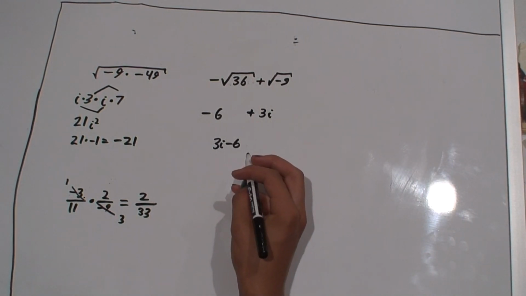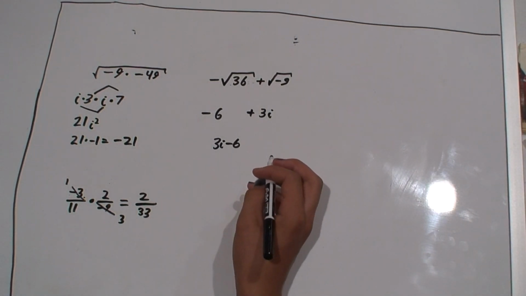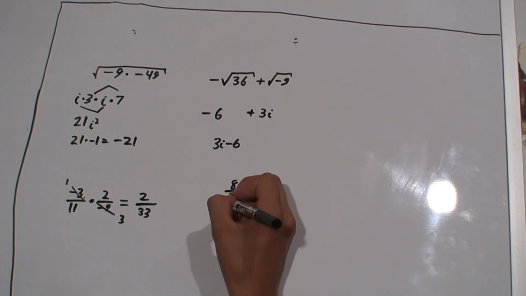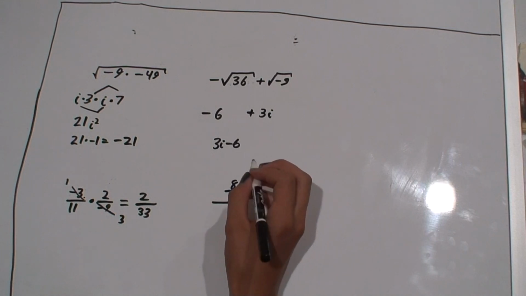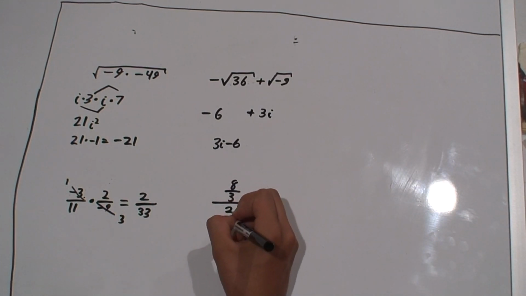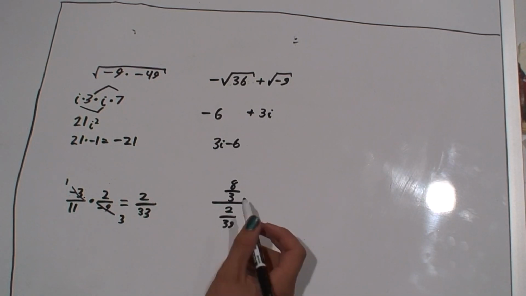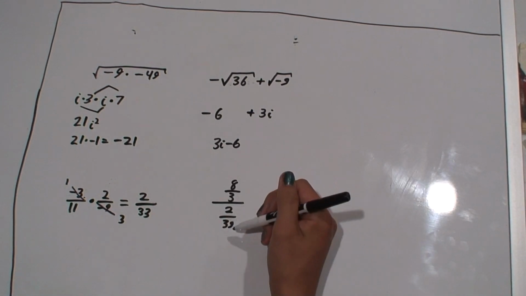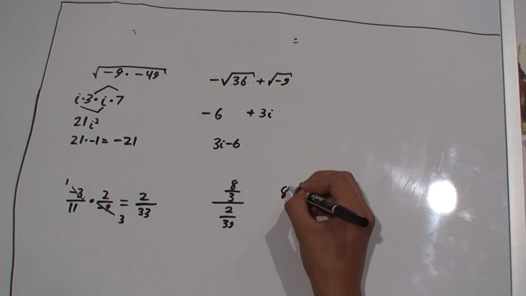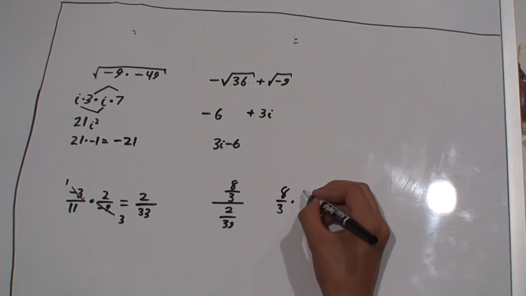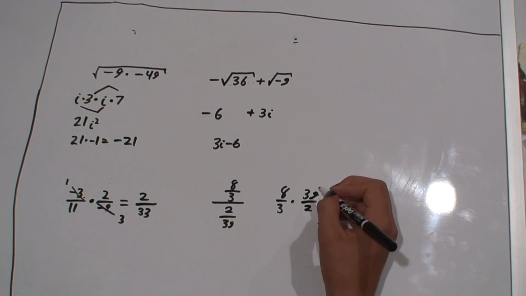Another fractions problem, this time if you are dividing it, we have 8/3 divided by 2/39. Whenever we are dividing fractions, we can multiply by the reciprocal, which just means we can take 8/3, our original number, and multiply it by the flip side of this one, 39/2.